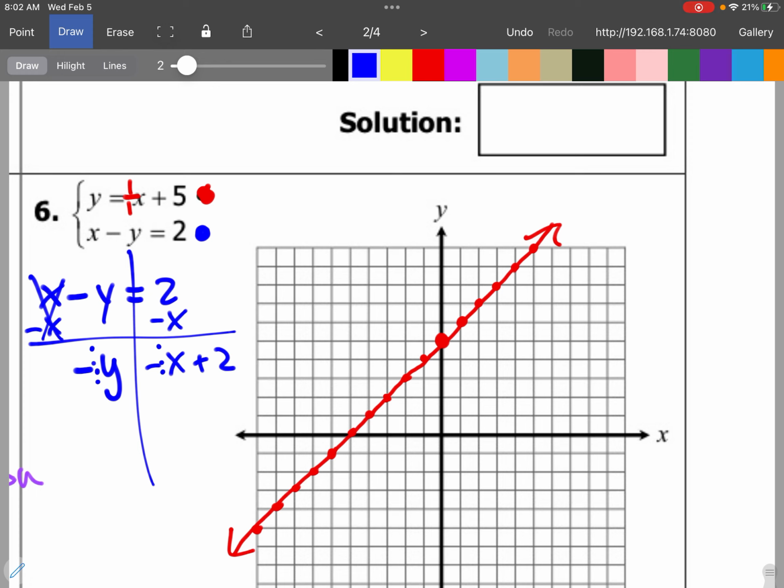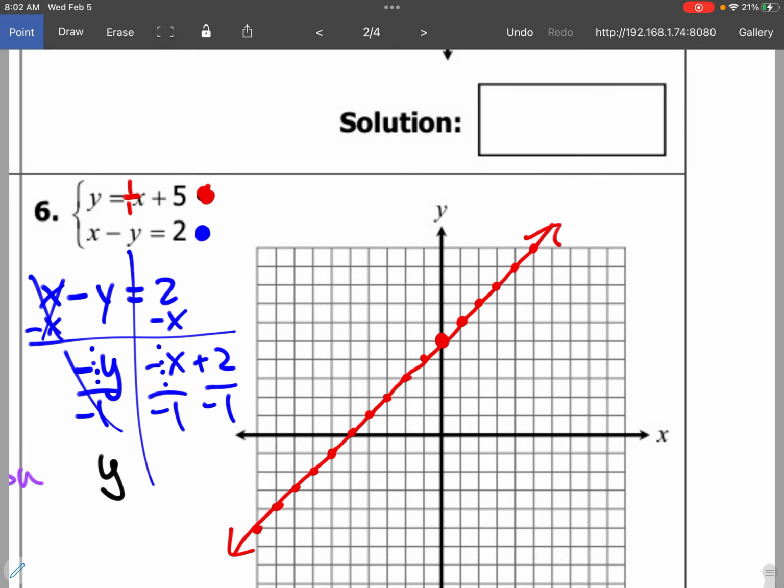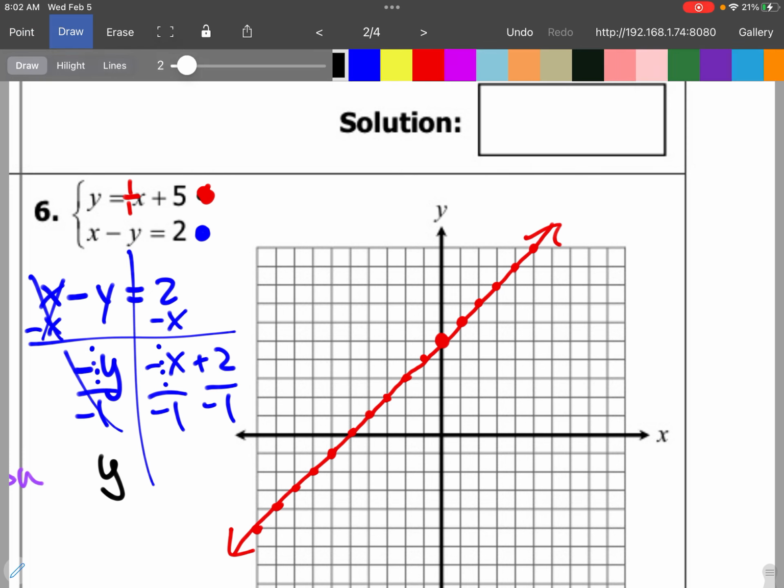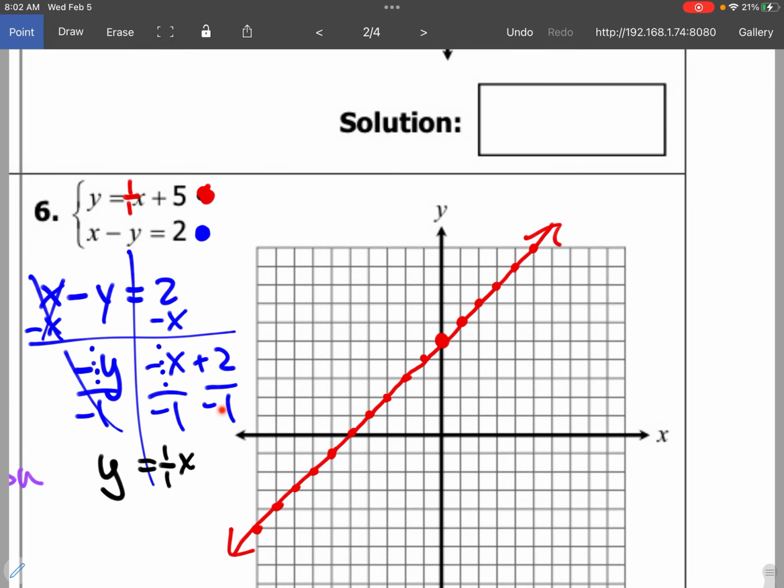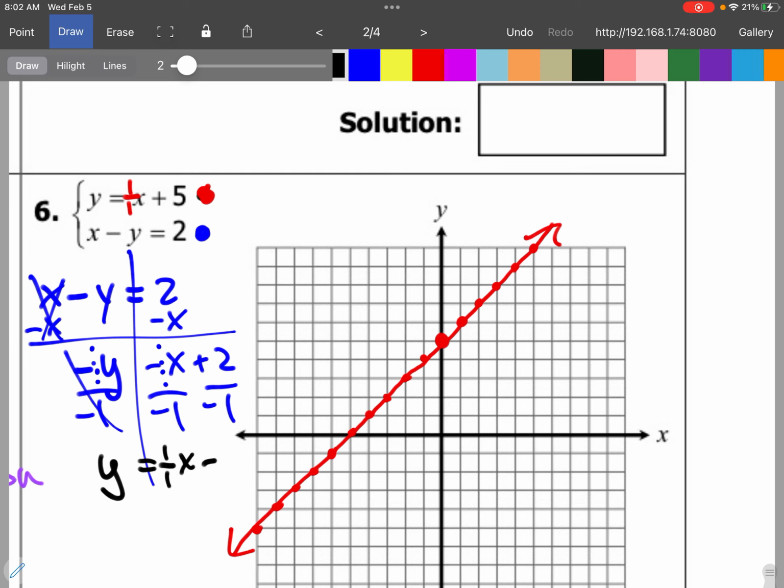Put those invisible ones in there, and we're going to divide by -1 everywhere. Now, what that does, it makes our slope right here, negative divided by negative, positive 1/1 x. And over here, we got +2 divided by -1. That's going to be -2.